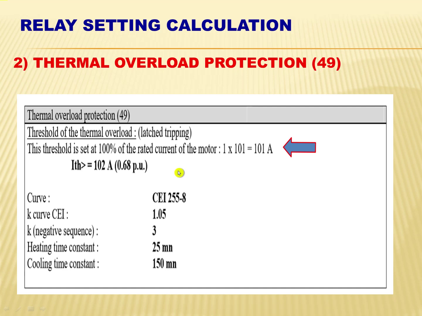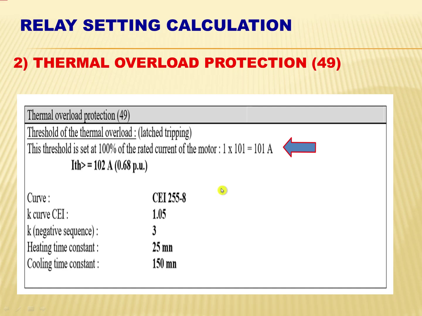Now you are asking why it's 100% of the rated current of the motor. Because it's normal industry practice, when you size the motor, it is only sized around 75% to 90% of the driven load. So that's the reason why we are only providing here 100% of the rated current of the motor.